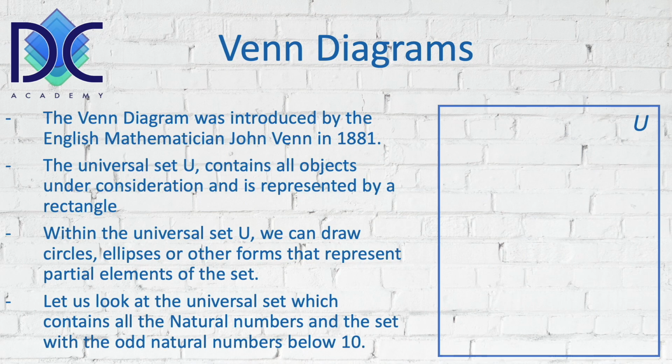Like I said, we can still discuss whether zero is included or not. It's basically not important at this moment, because I look at the odd natural numbers, which are 1, 3, 5, 7, and 9. So within that universal set of the natural numbers, I defined a set which contains all the natural numbers which are odd and which are below 10.